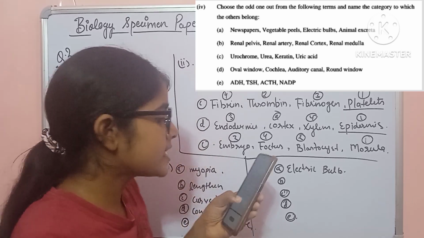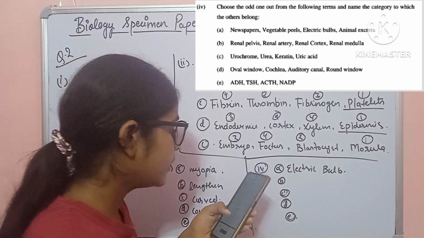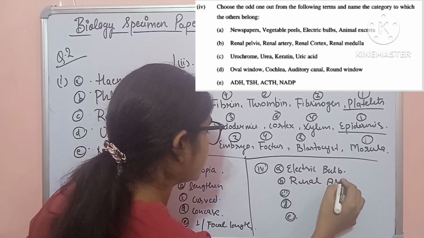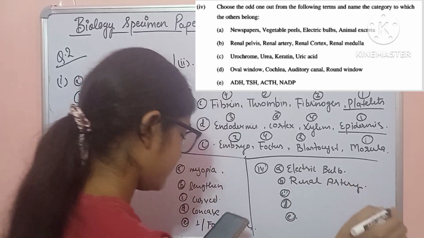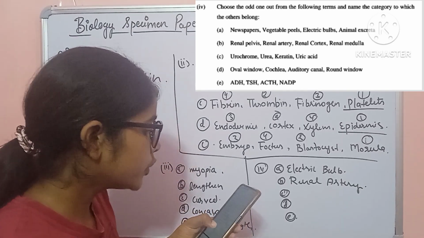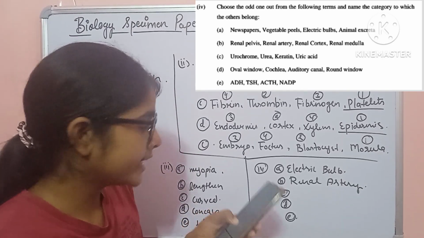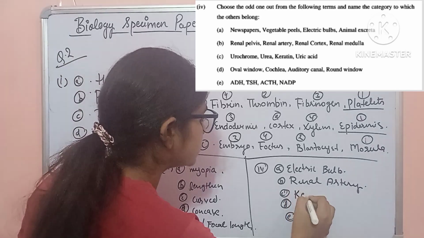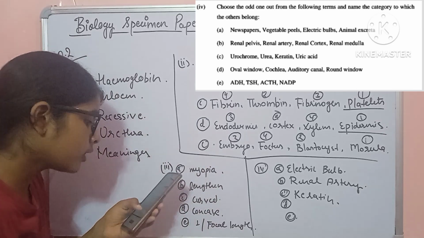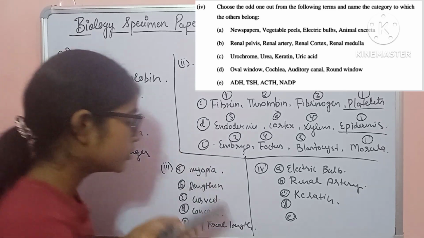B part. Renal pelvis, renal artery, renal cortex, renal medulla. The answer is renal artery. Okay. Now see, urochrome, urea, keratin, uric acid. Keratin is odd one out. Okay. D part. Oval window, cochlea, auditory canal, and round window.